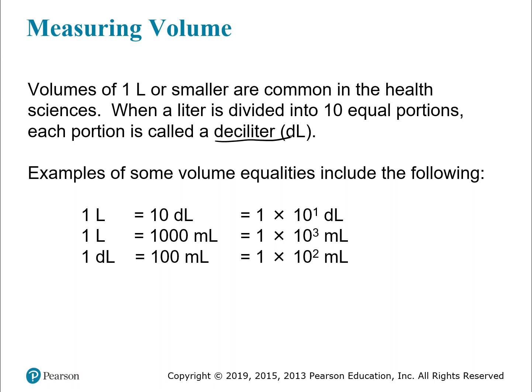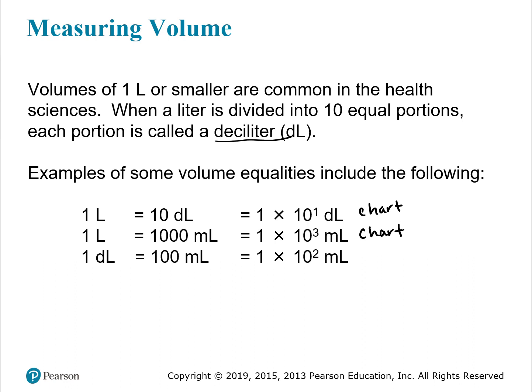You can do the whole trick of the equalities that we did with the centimeters and the millimeters and meters to equate deciliters and milliliters. So if you have 1 liter, that's the same thing as 10 deciliters. And this you can get from the chart. You can also get from the chart that 1 liter is equal to 1,000 milliliters.